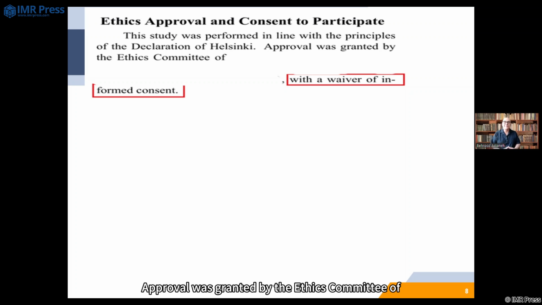Approval was granted by the ethics committee of XXX, for example, university or hospital, with a waiver of informed consent. However, there was no documented waiver of the informed consent. And my colleagues at the IMR Press asked the researchers to provide the documented material, but they didn't have it, and they had to get back to the REB and ask for the exemption.